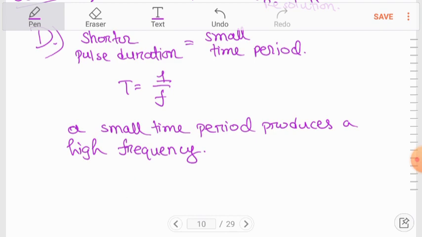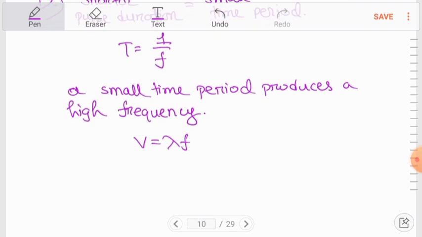And according to another equation, wave speed v equals lambda times frequency. If we rearrange it and make wavelength the subject, it becomes lambda equals v over f, and here we can see that wavelength is inversely proportional to frequency.